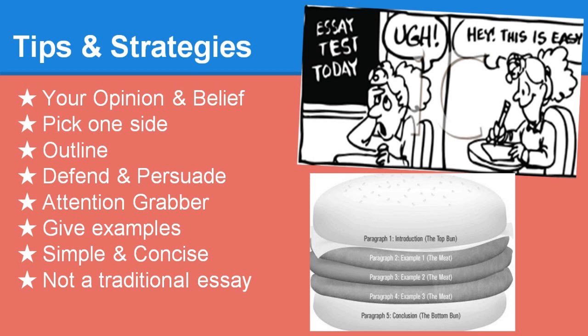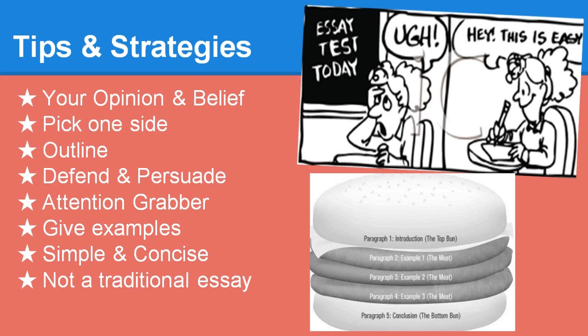I would have an outline in my head, or on a piece of paper, of how I'm going to approach the topic. Basically this is just a really short essay in which you defend your choices and try to persuade the reader as to why you think your choice is right.